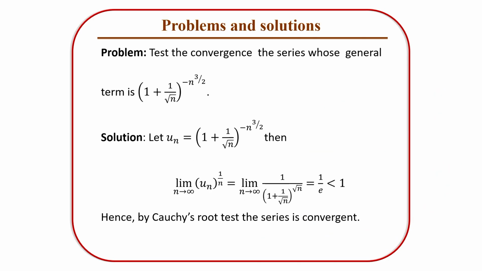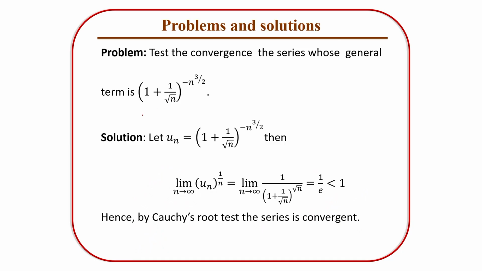Now, use this Cauchy root test to test the convergence of some given problems. Test the convergence of the series whose general term is 1 plus 1 by root n to the power minus n to the power 3 by 2. Remember that the Cauchy root test is often useful for series where the terms are in powers or some roots.